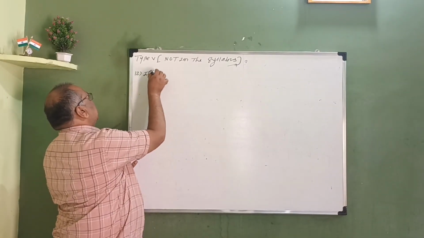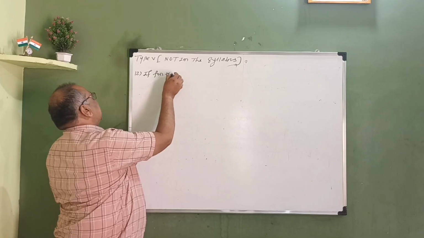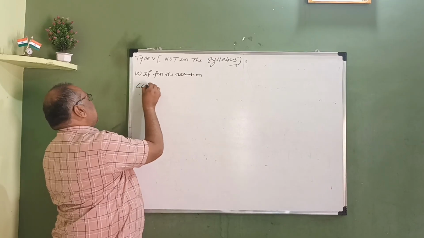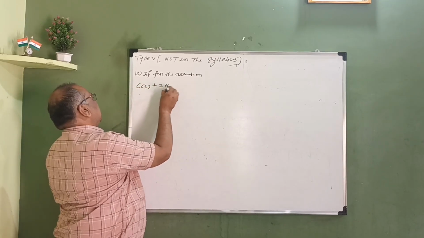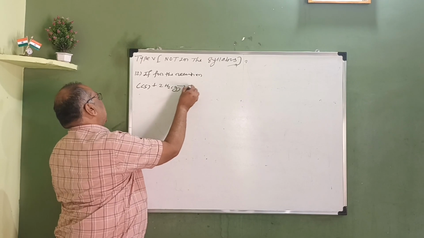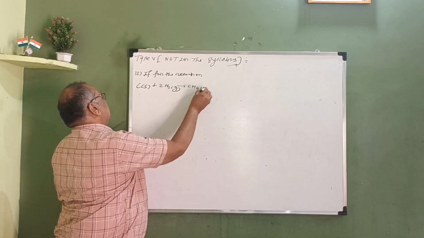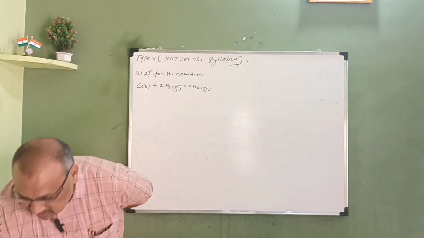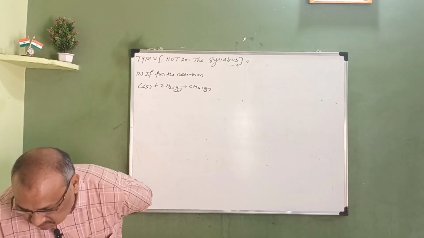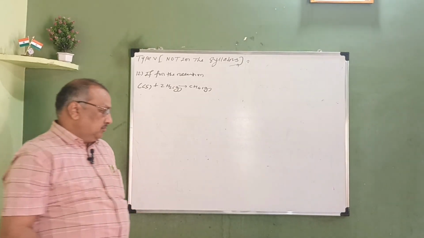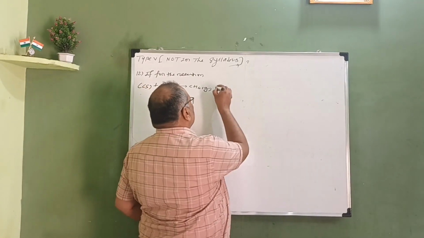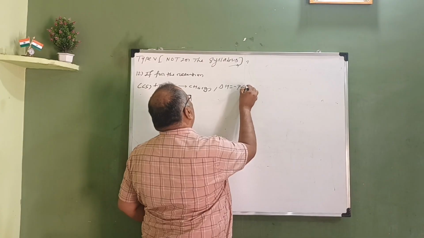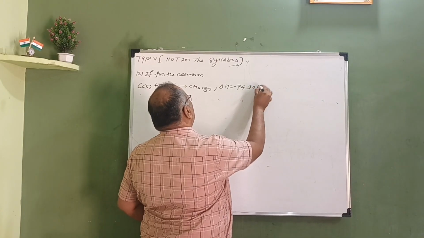If for the reaction C solid plus twice H2 gas gives CH4 gas, here delta H equal to minus 74.90 kilojoule.